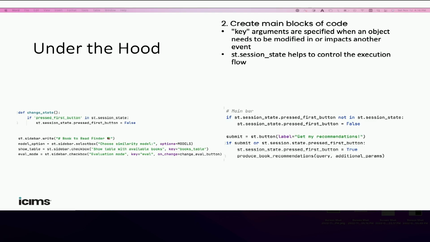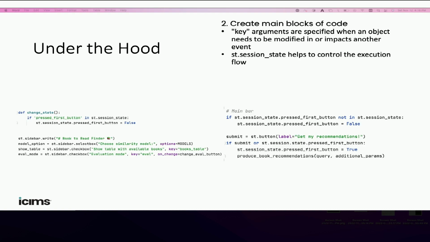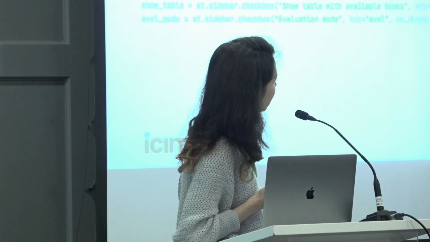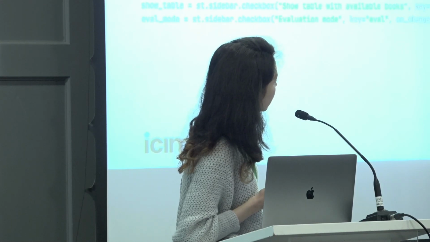And here's an example of how it can be used. So you create a session state, press first button. And if you know Python, you know that there are global variables that you can define. And this is, in some sense, also a global variable because its state is saved between sessions. And we defined a state which is called press first button.